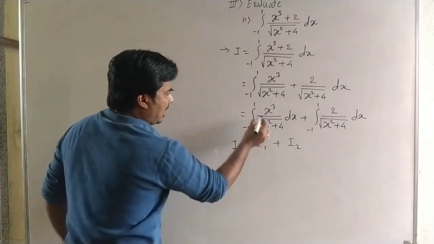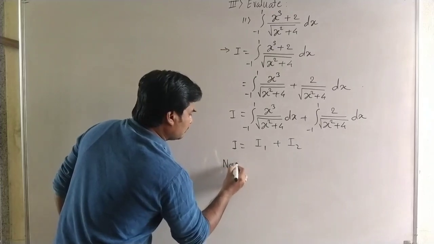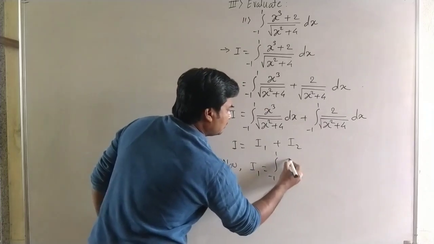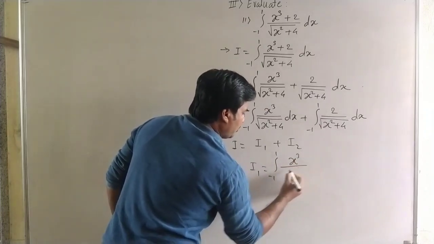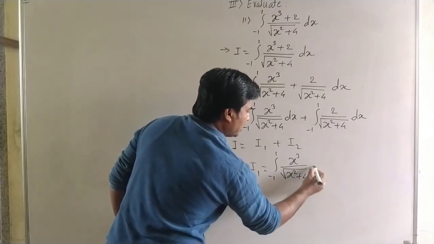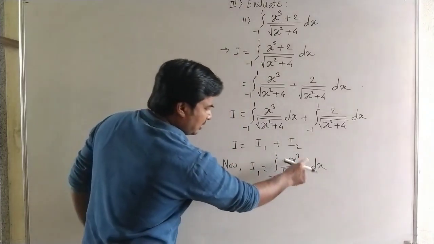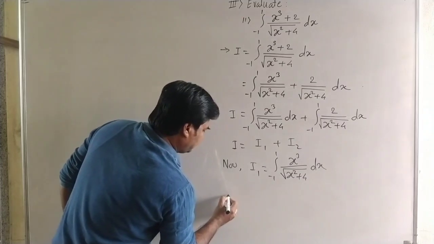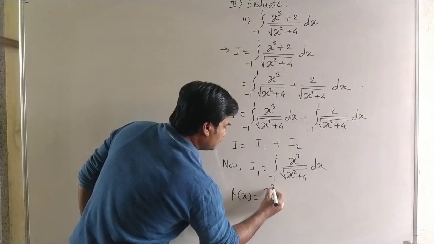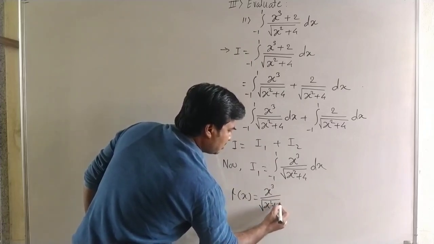First we solve this I1. I1 is equal to the integral from minus 1 to 1 of x cube upon under root of x square plus 4 dx. Again here the limit is minus 1 to 1, that means minus a to a. First we check whether it is even or odd. Therefore, here f of x is equal to x cube upon under root of x square plus 4.